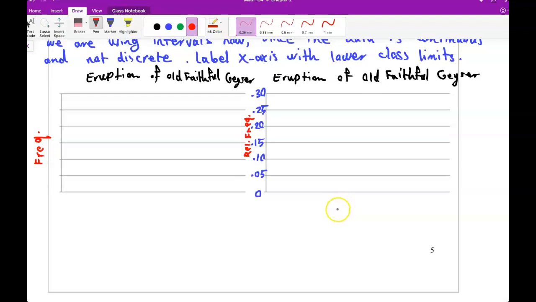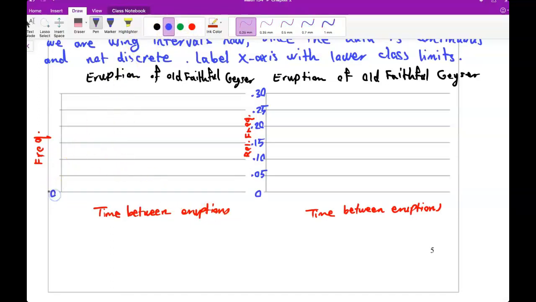And here, this column was time between eruptions. So here is 0, 2, 4, 6, 8, 10, 12.